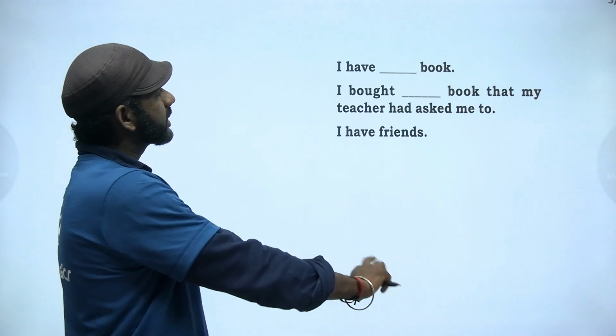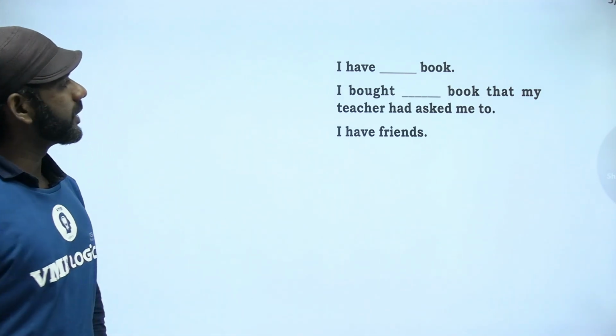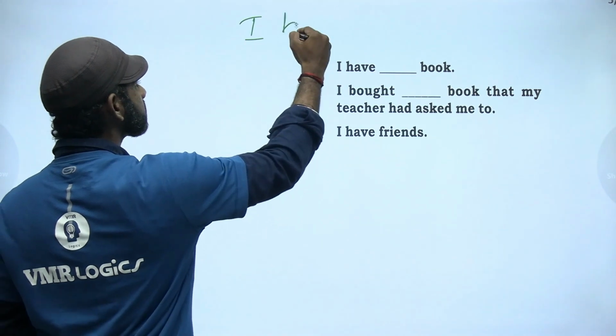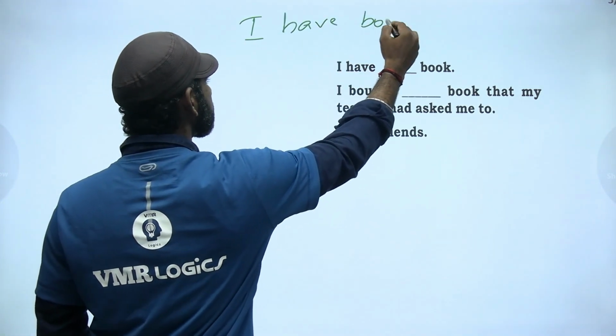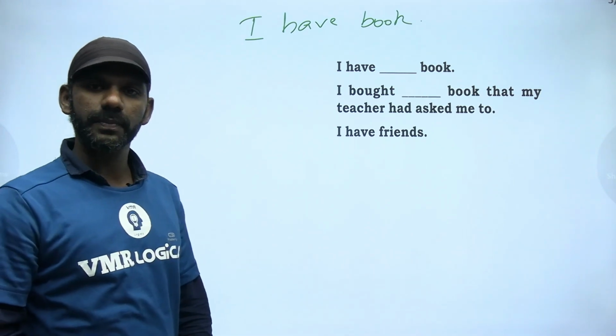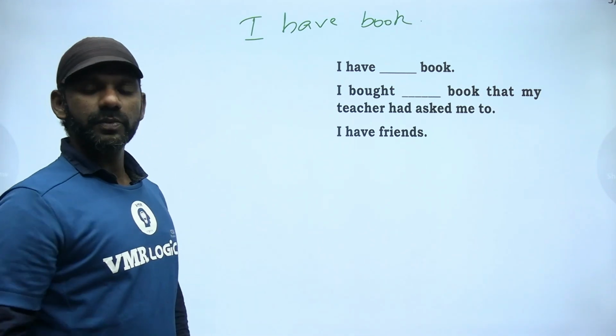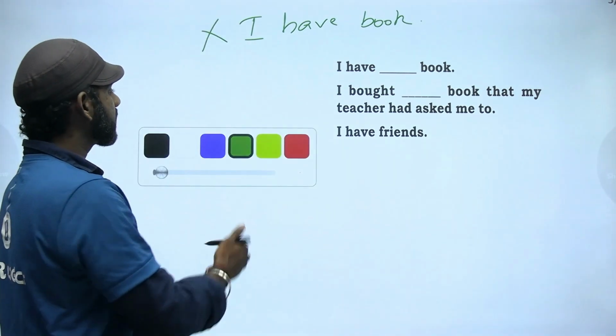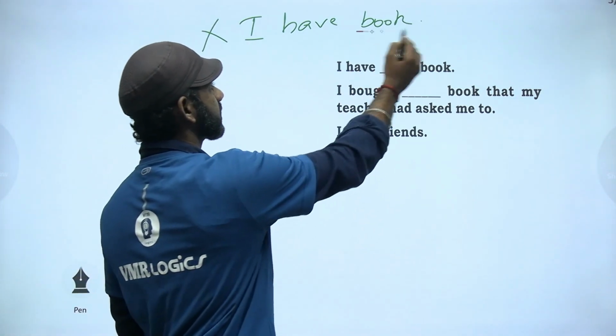I have given a sentence here. Come to the first one. Now if I say, I have book. I have book, grammatically correct or wrong? Book is what part of speech? I say this sentence is grammatically wrong. Book is a noun, right?